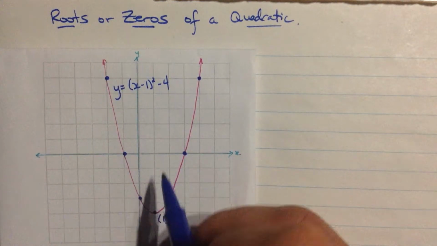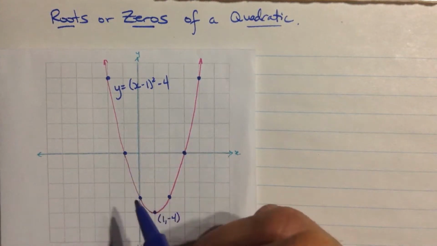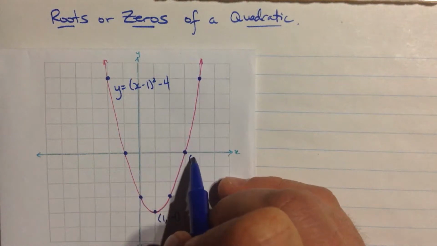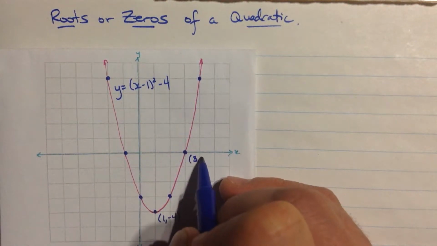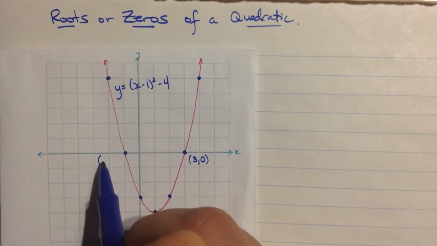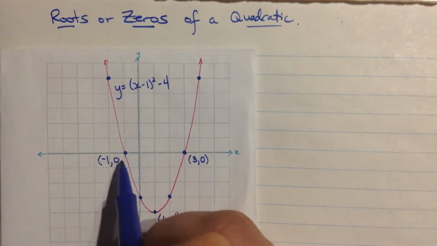But I notice when it crosses the x-axis here, those are two of the points that I was able to plot. And I'm just going to mark down those values here. This is where x equals 3, and of course y equals 0 because it's on the x-axis. And on this side, negative 1 and also 0.